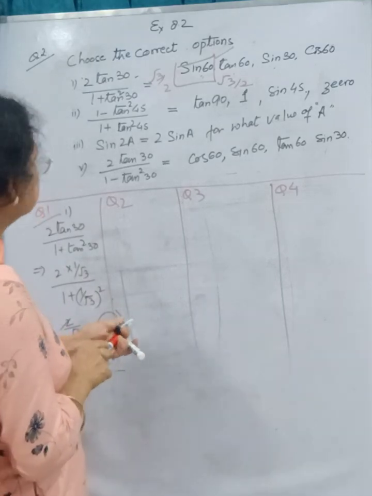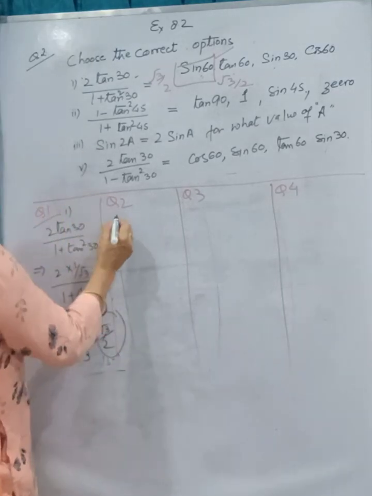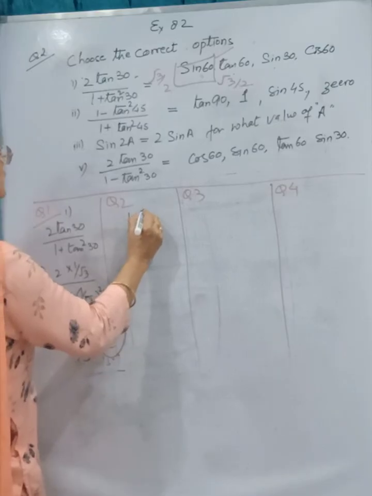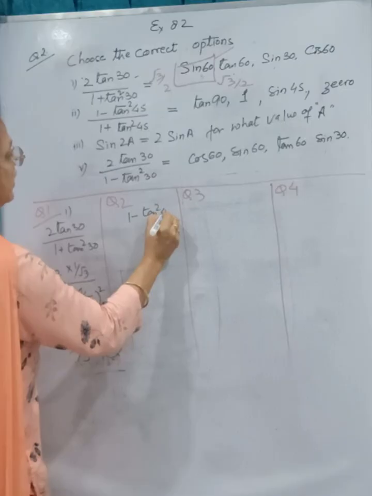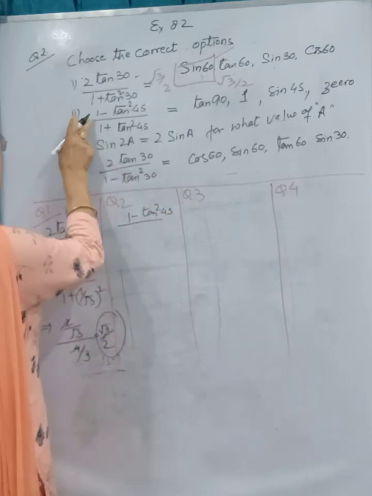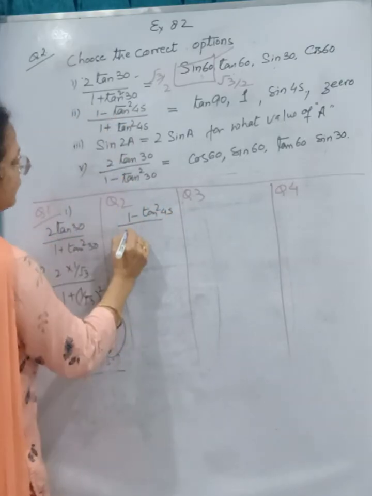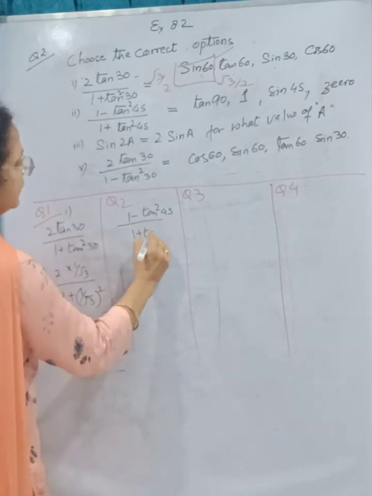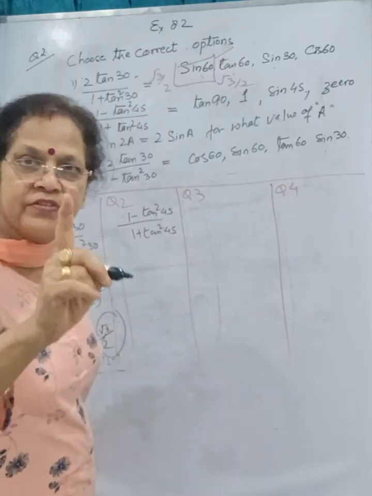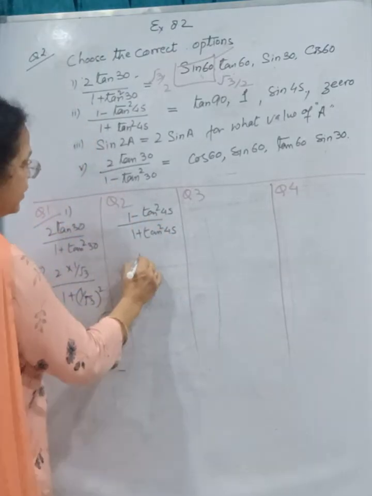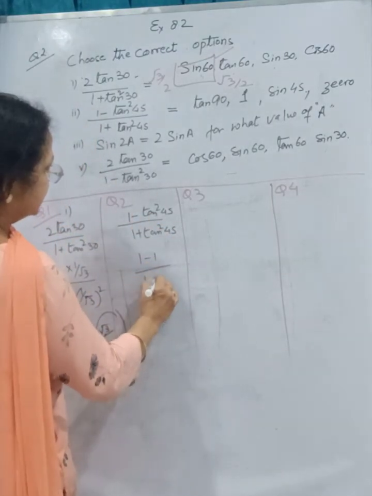Second one is 1 minus tan square 45 upon 1 plus tan square 45. Tan 45 is equal to 1. So it will be 1 minus 1 upon 1 plus 1.